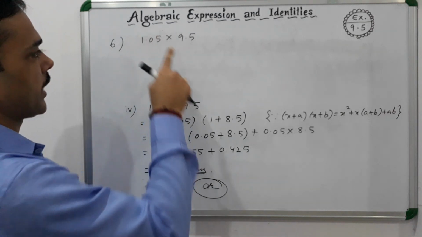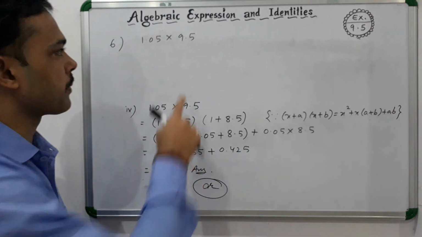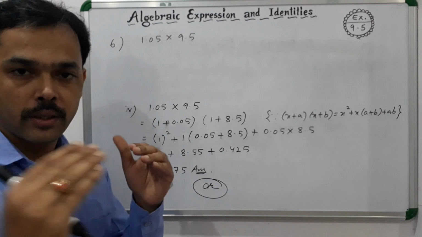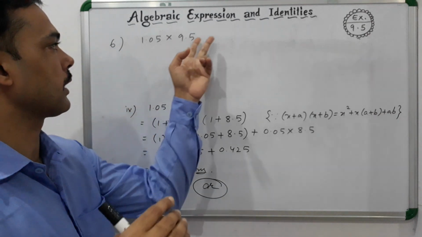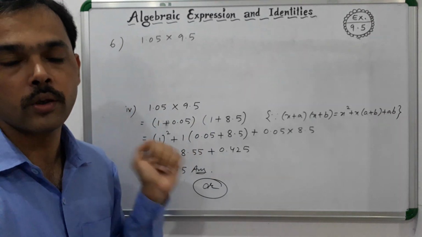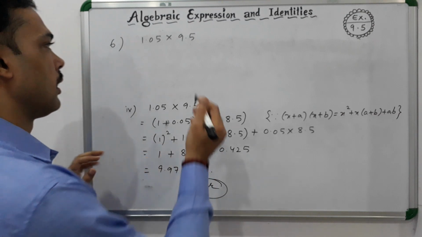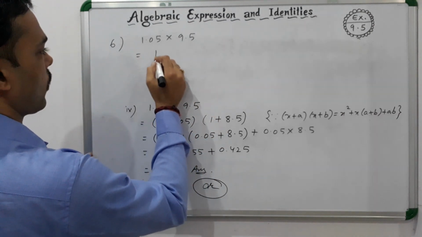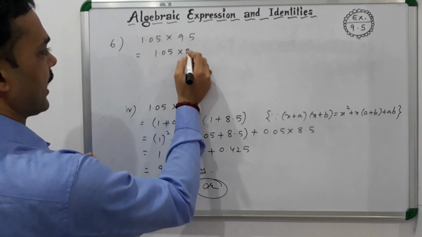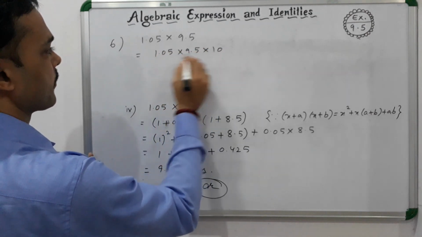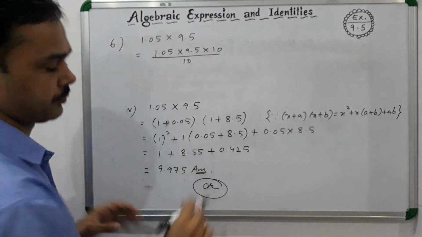For making this 10.5, you will have to multiply it by 10. But if you are multiplying by 10 in the numerator, you will also have to divide by 10 so that the value does not change. Let us do that. So 1.05 into 9.5 into 10 divided by 10.